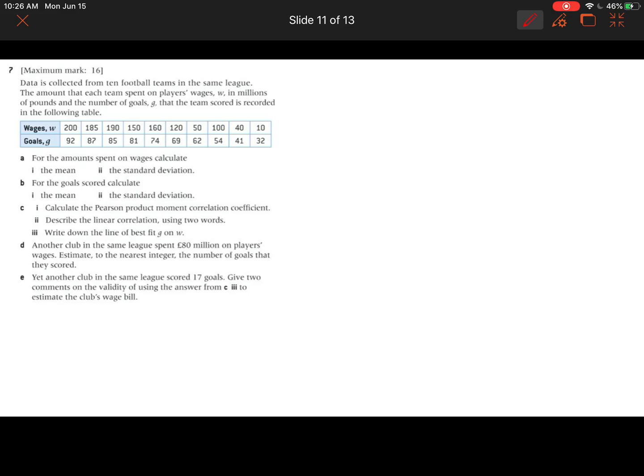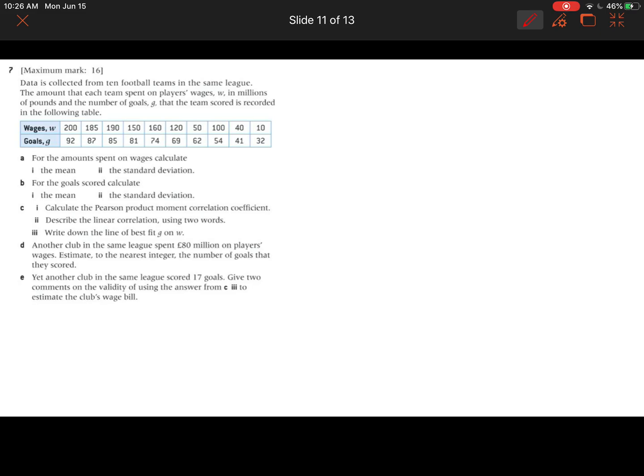Summary statistics calculator. Enter my data. I'm doing it for wages. That's 200, 185, 190, 150, 160, 120, 50, 100, 40, and then 10.